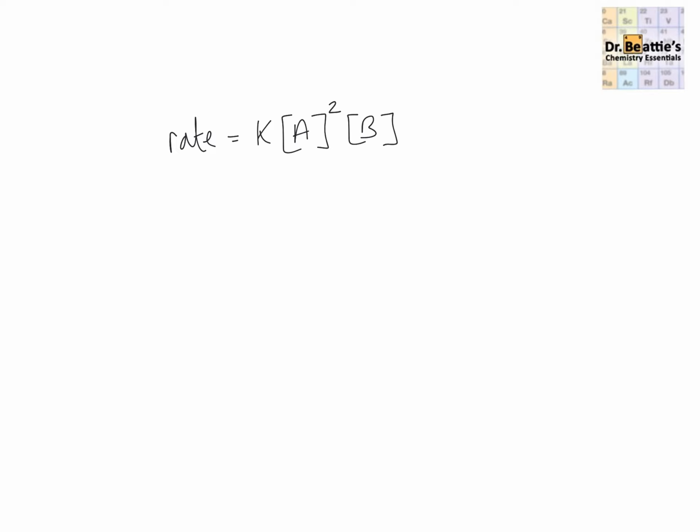So individually, we know that A is second order and B is first order. What we do is use these to come up with an overall order of reaction. This is basically the sum of all the orders for each of the reactants combined together. So here, because it's second order for A and first order with respect to B, the overall order is third order.